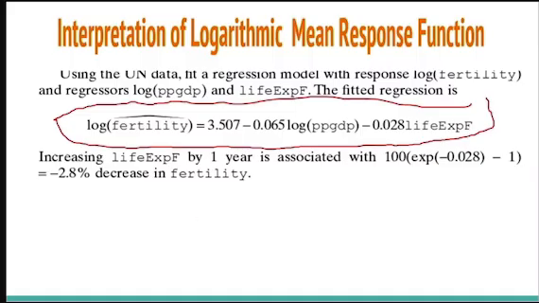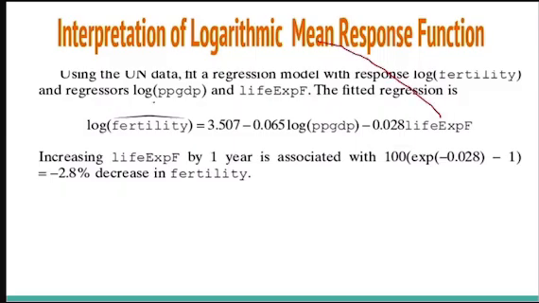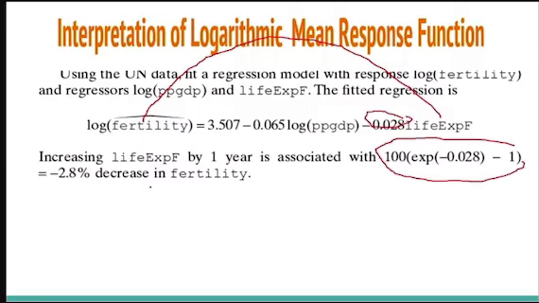Let's say between this and this, a unit increase in the life expectancy will lead to a percentage change in the fertility. Here the beta is negative 0.028. When I plug that in, I'm going to say a 2.8% decrease in fertility.